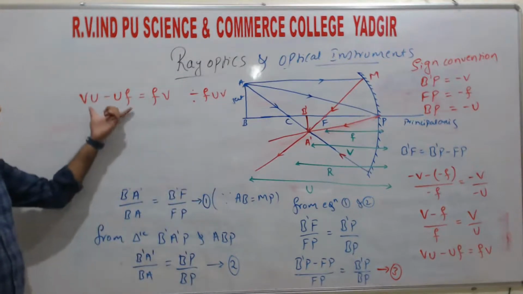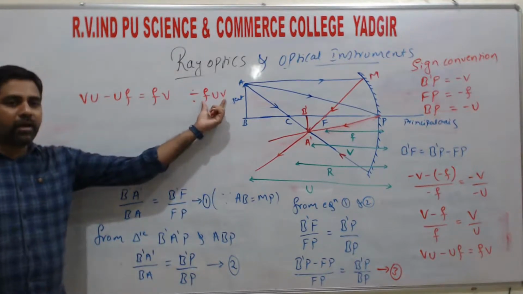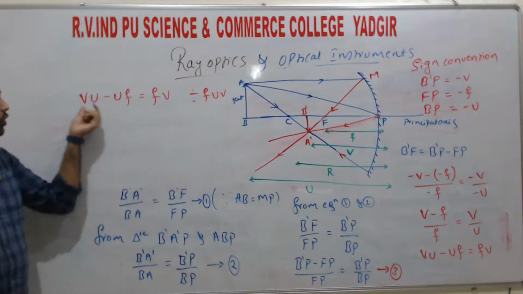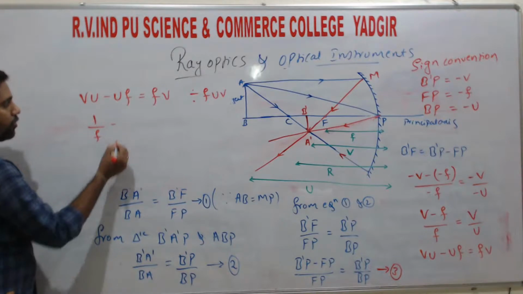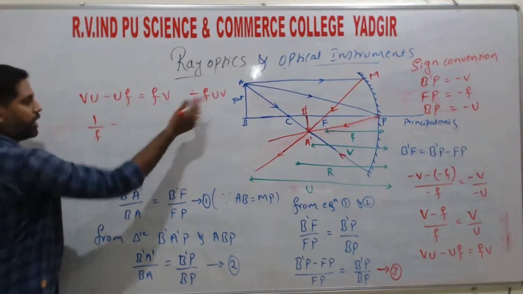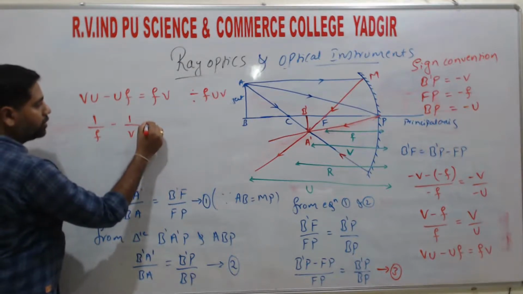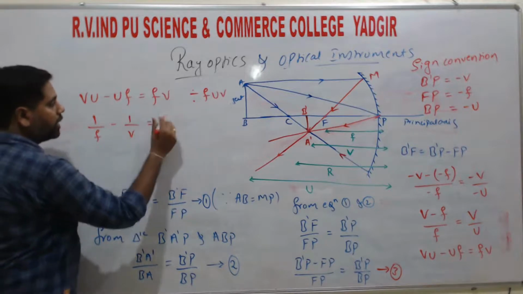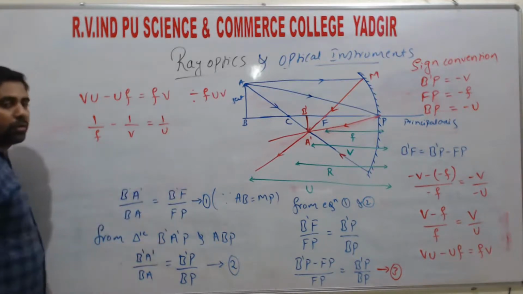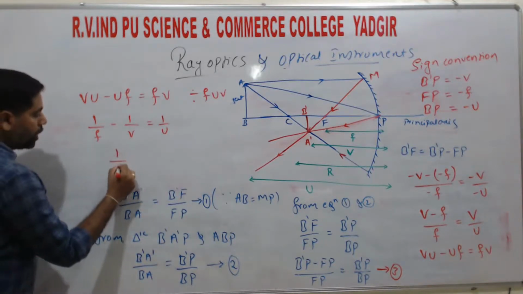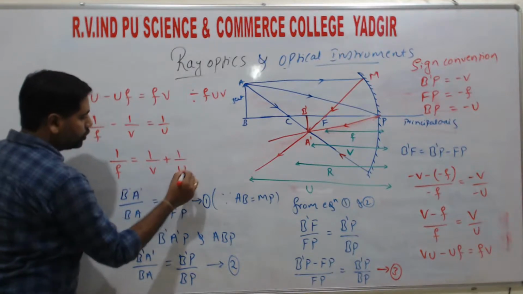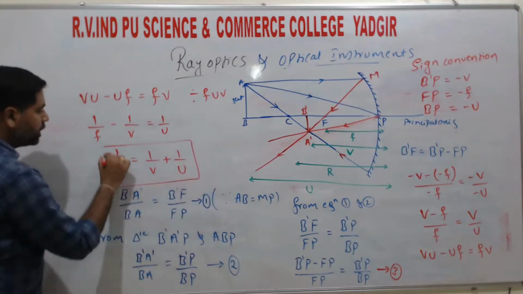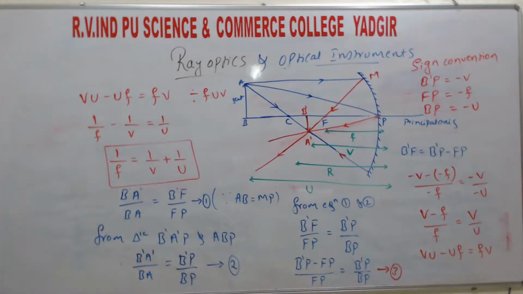Here VU gets cancelled, so we get 1 by F minus, UF cancelling, 1 by V, equals, FV cancelling, 1 by U. So now we get 1 by F is equals to 1 by V plus 1 by U.